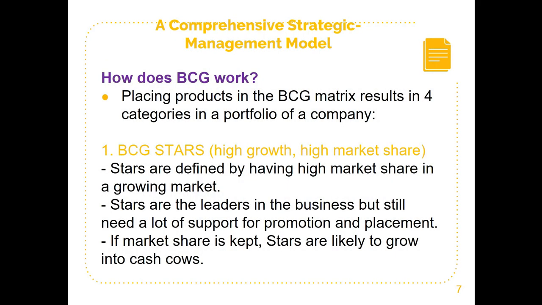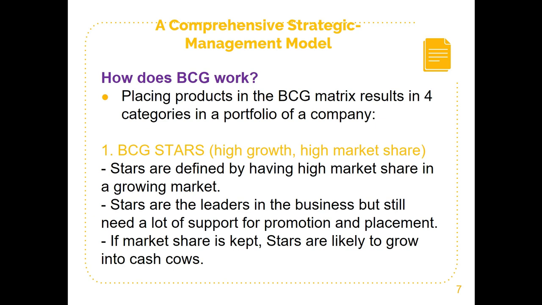Okay. So how does BCG work? Placing products in the BCG matrix results in 4 categories in a portfolio of a company. We have here the BCG stars, with high growth and high market share.